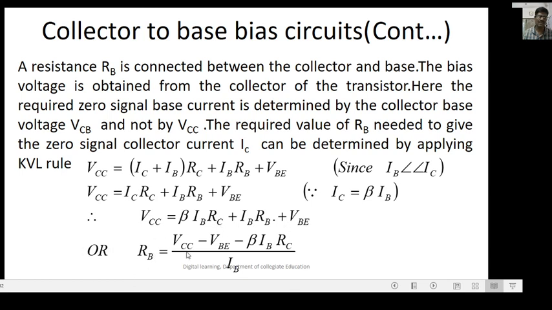Therefore RB is equal to (VCC minus VBE minus beta IBRC) divided by IB. This is the base resistance we can get across the base.